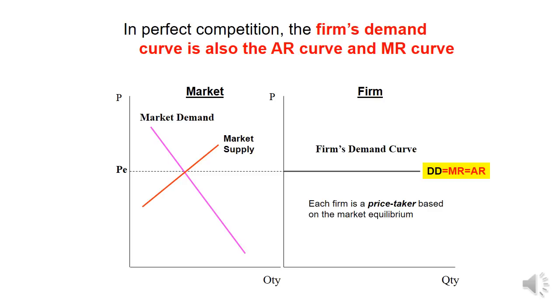Now, as the firm is a price taker, it has only one price that it can sell at, whatever quantity that it sells, which is PE. Which means that the next one that the firm chooses to sell, which is MR, the marginal revenue, which is the additional revenue when it sells one more unit, is always the same as the price. Average revenue is also this price because the firm only has one price. So whatever quantity that it sells, the next one is this price, the average is also this price.